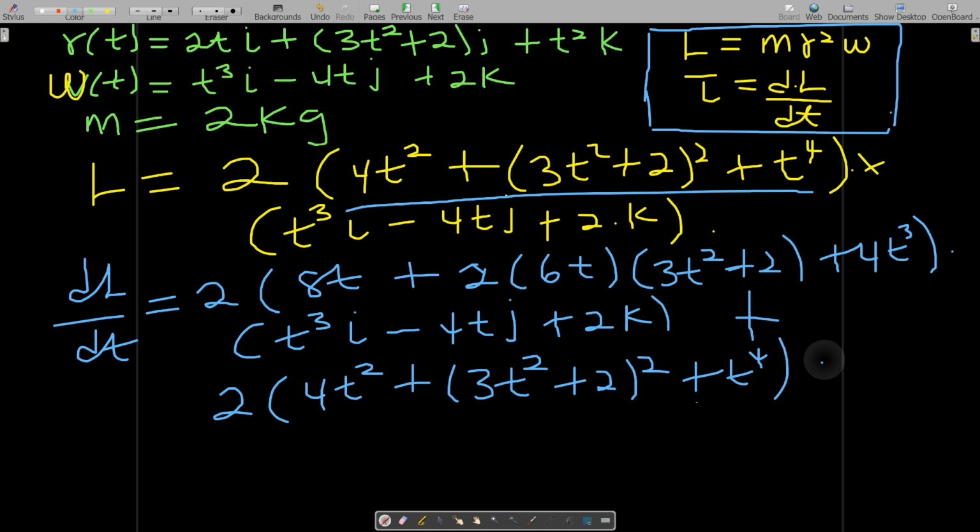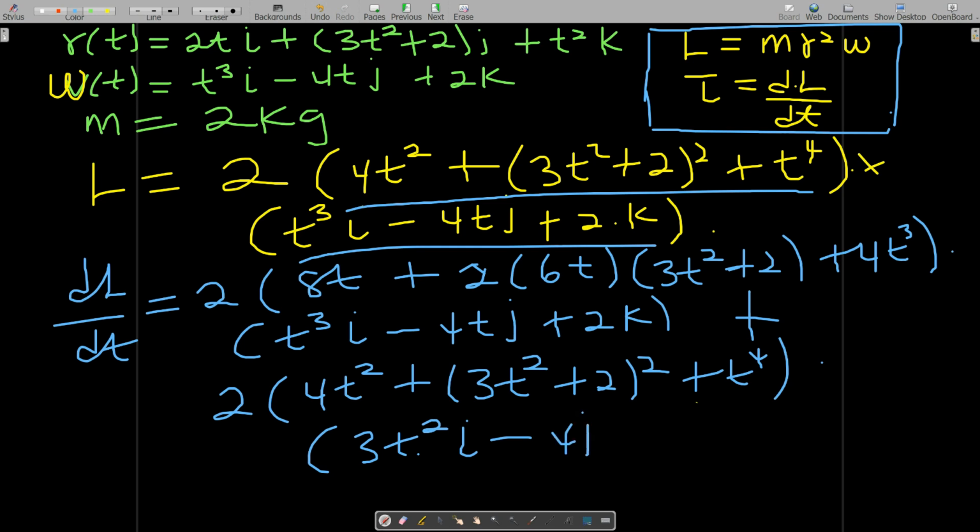Now I differentiate this part, and that'll give me 3t squared i, well, let's write everything clearly, 3t squared i minus 4j like that. So this is the derivative. This is very simple, okay, and this is equal to what? Our torque.